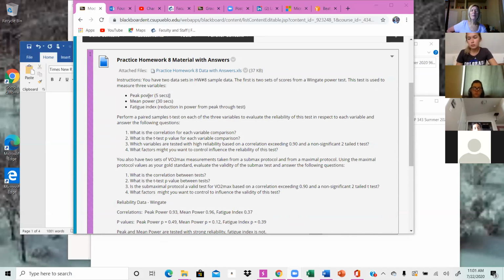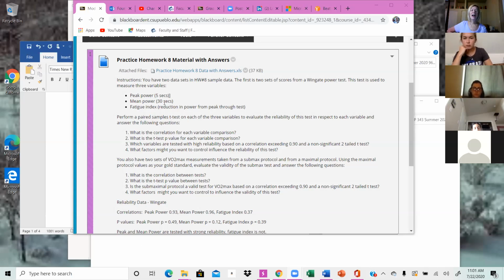It measures your peak power, it measures your mean power, and it measures your fatigue index. Okay, so the peak power is after 5 seconds of sprinting, the mean power is 30 seconds, and then the fatigue index is how much reduction does the person have in power from peak till the end of the test. Okay, so how fast did the person fatigue?